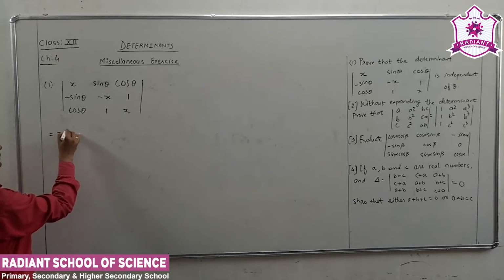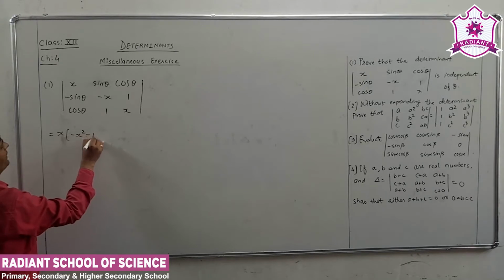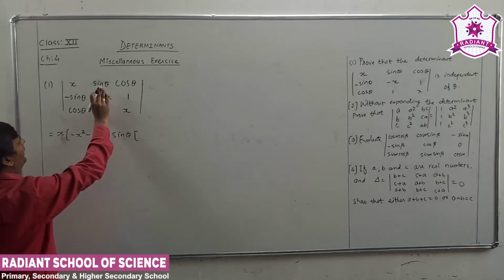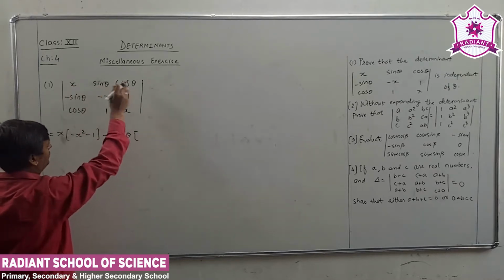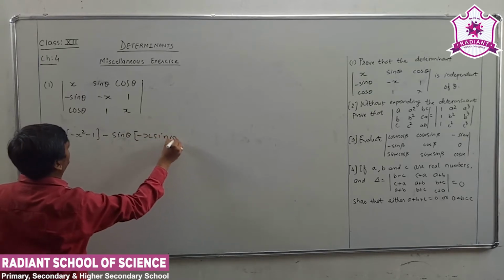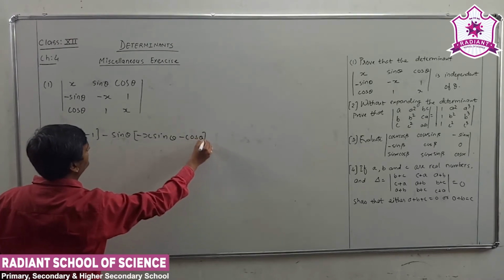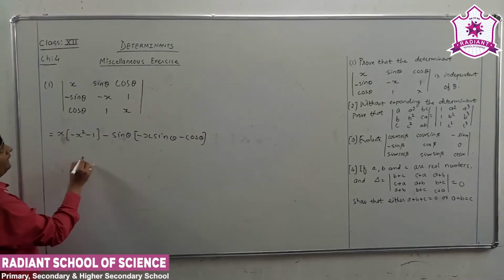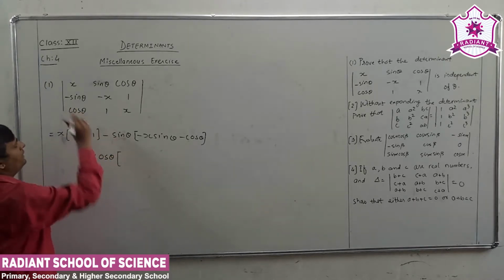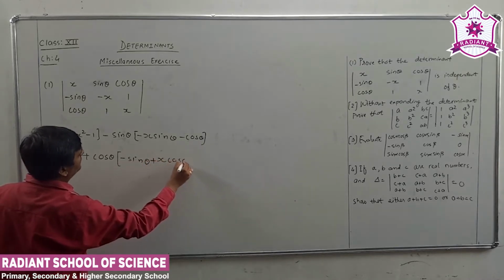So x, our first priority is minus x square, into minus 1, minus sin theta, you already know that. So hide the first row and second column, so minus x into sin theta, and minus cos theta, and plus cos theta into bracket again minus sin theta minus plus x cos theta.